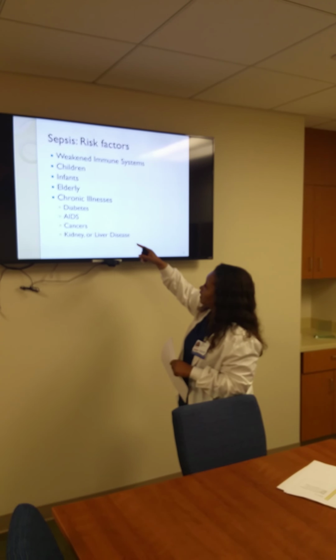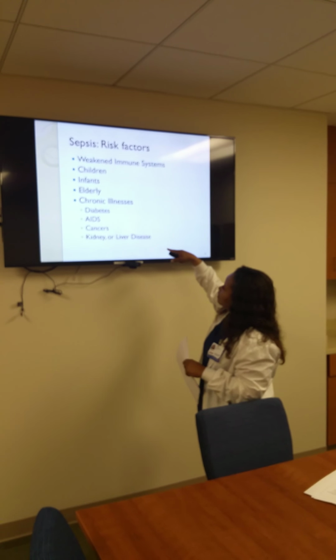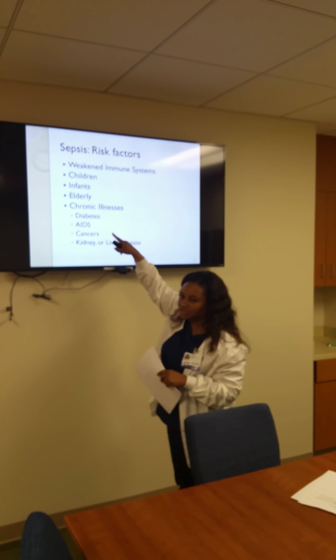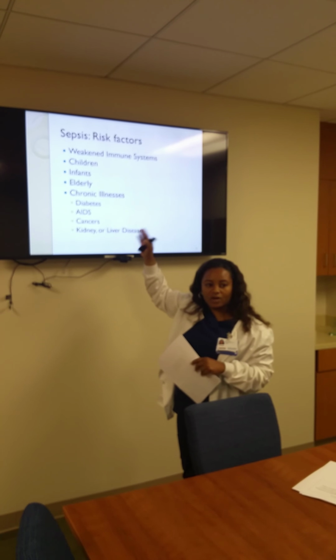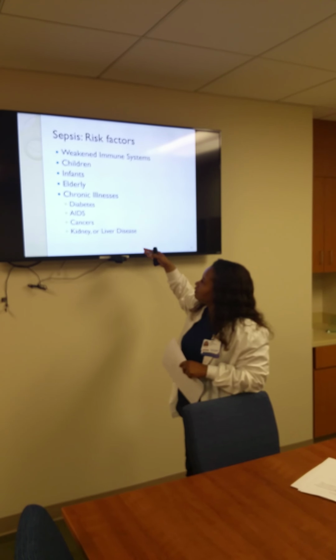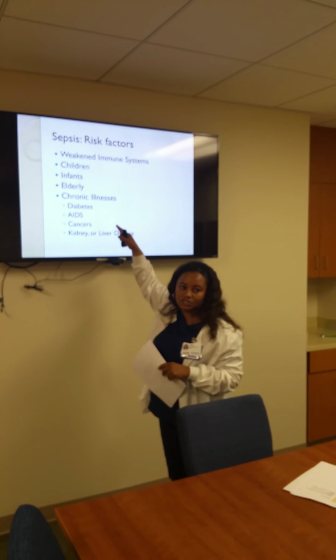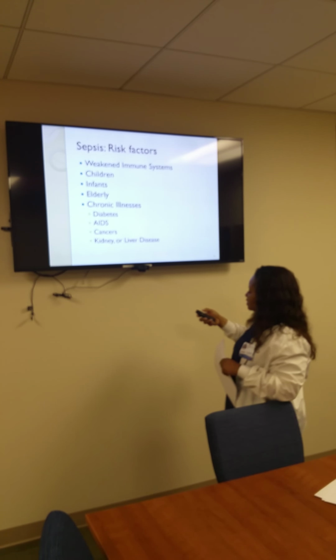Does your patient have diabetes, AIDS, cancers, kidney or liver disease? These are clinical indicators. So when your patient comes in, what are we looking at? What is this patient in for? What is this patient's past medical history? This is something that you can use to gauge how at risk your patient is for developing conditions such as sepsis.